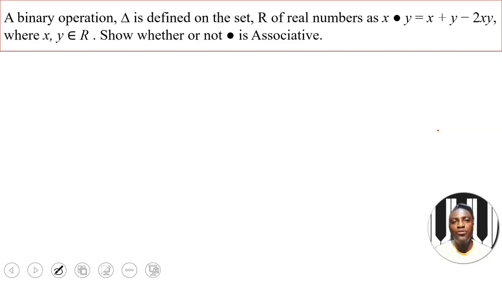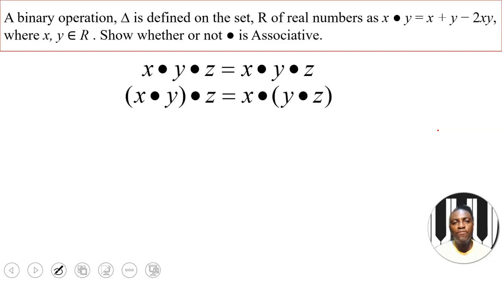And so by the definition, the operation dot here is defined as x operation y is equal to x plus y minus 2xy. And so again, I have x dot y dot z, the same thing on the left and right hand side. But then I can do the first two first before the last one, or the last two before the first one. If I go through the same approach, this operation by definition will give me x plus y minus 2xy.